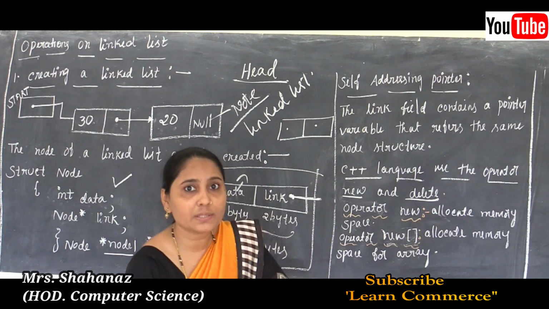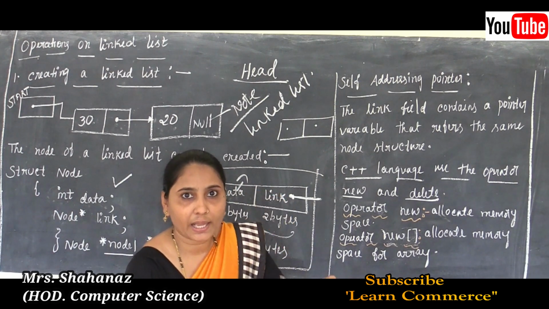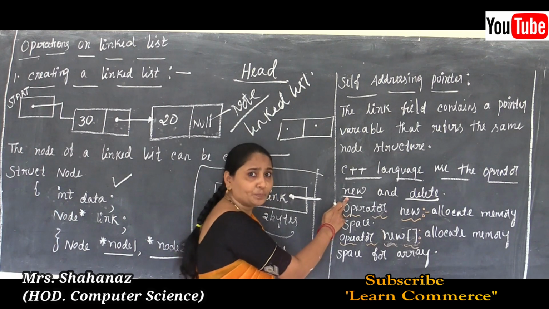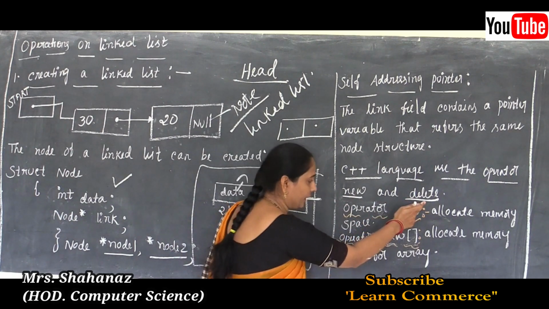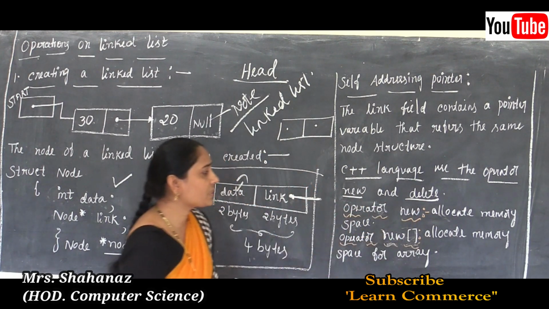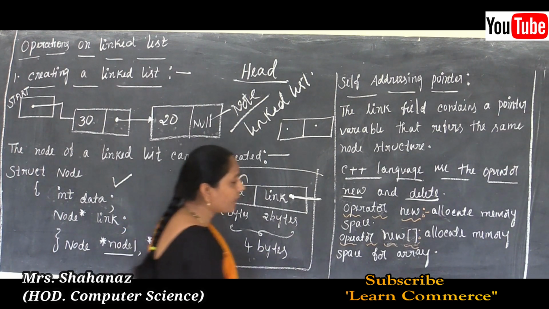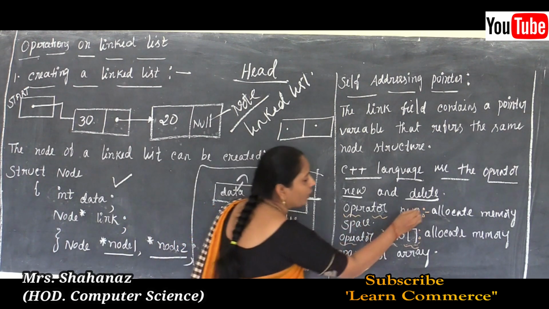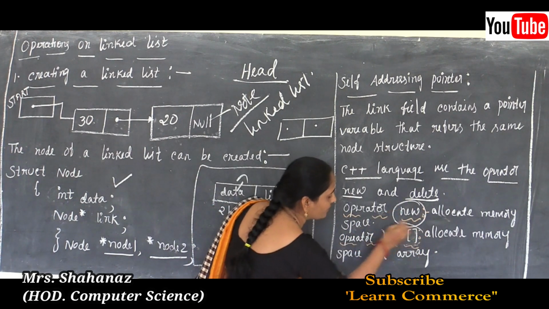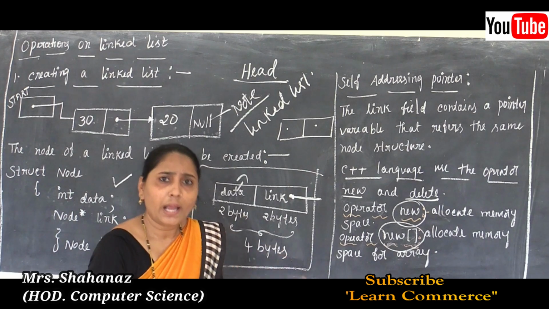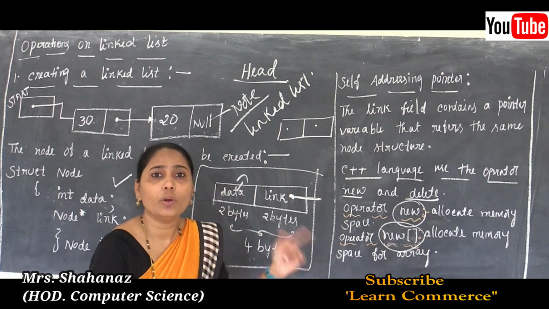For this purpose, our C++ language uses the operators called new and delete. Now let's see the meaning of new and delete here. Two different types of operators are there, new and new size. What's the meaning of new and what's the meaning of new size?